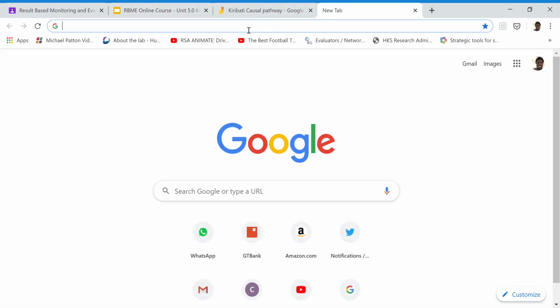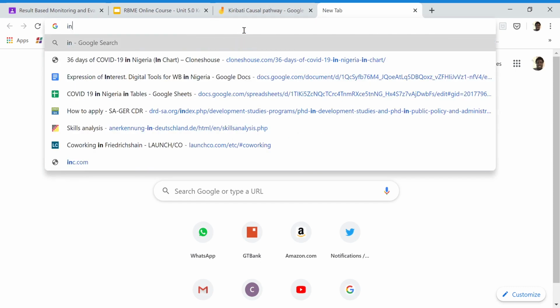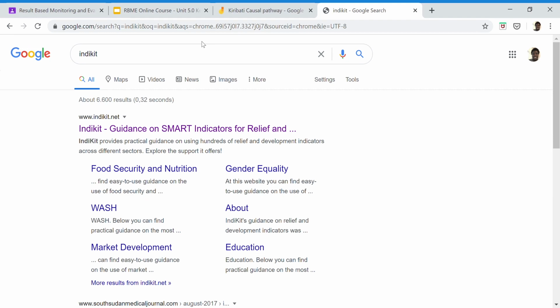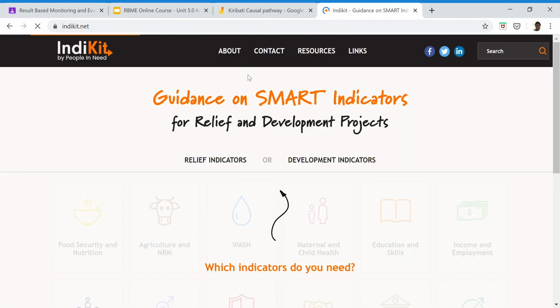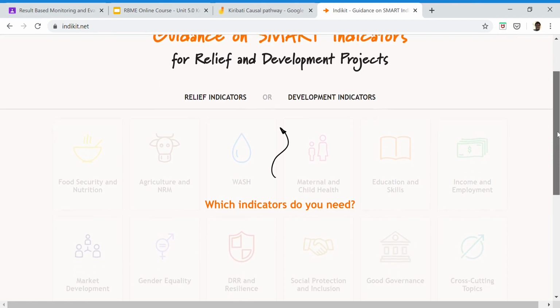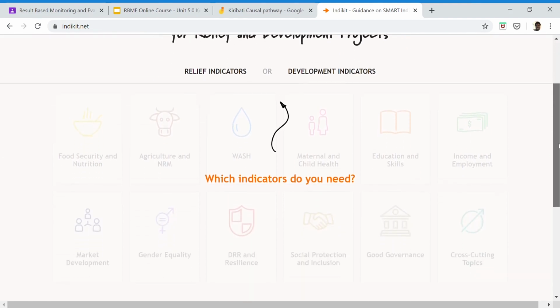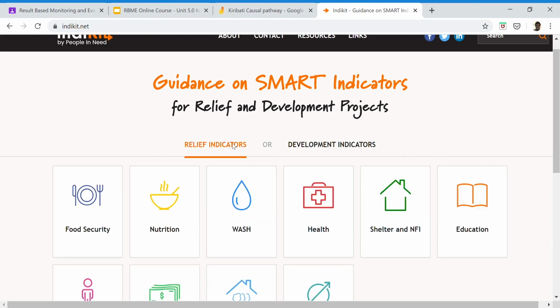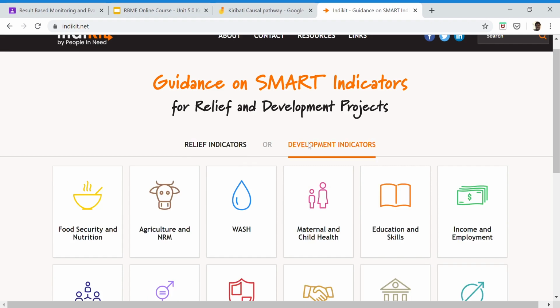There are the new Sustainable Development Goals, which provide a whole lot of indicators. Indicate.net is a website where you can find a whole lot of predetermined indicators, either for humanitarian relief or development indicators.